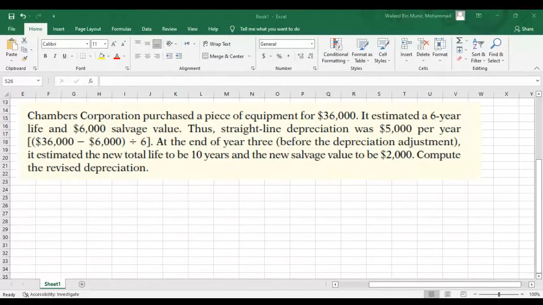It estimated a 6-year life and 6,000 salvage value. Straight line depreciation was 5,000 per year. It is already given, right? So what they have done? Depreciation is given. 6 years is the life of this asset, right? Let's say year 1.